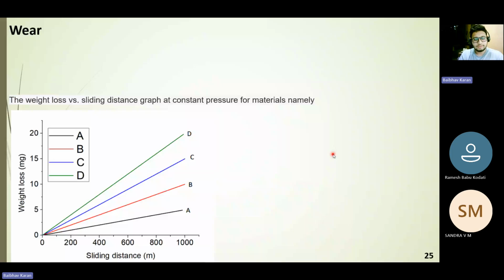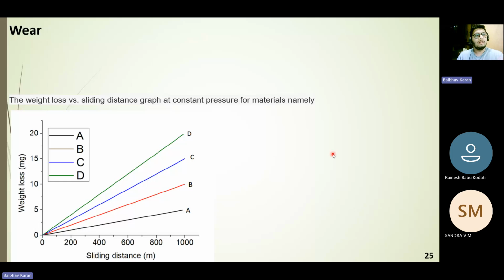We can say that approximately, if we use this method for this much time, this much wear is produced. So we can get a comparative analysis of which material gives a better wear rate, because we keep the parameters the same for all the materials and conduct the test. Then we get the final result.